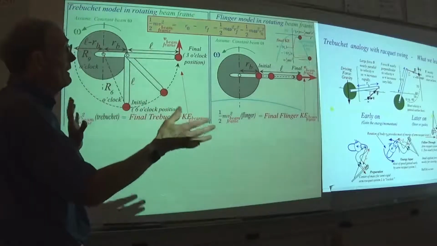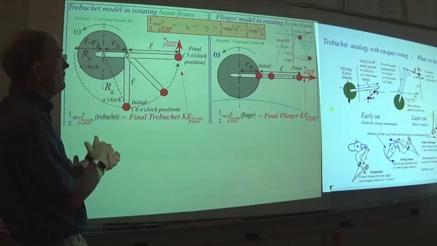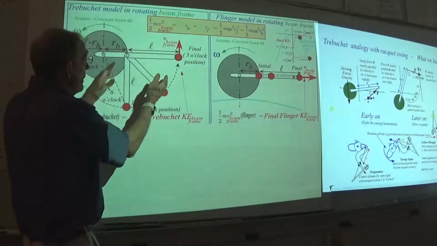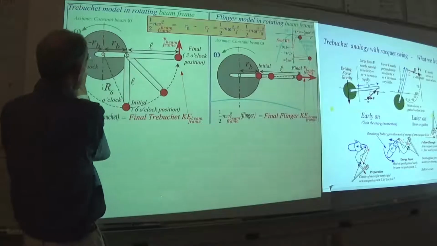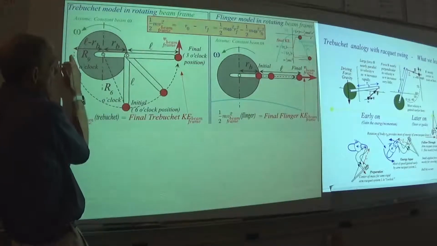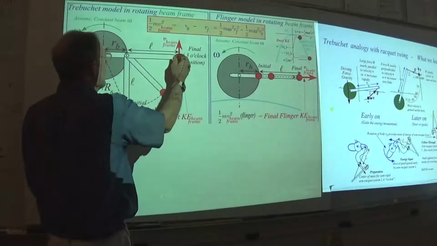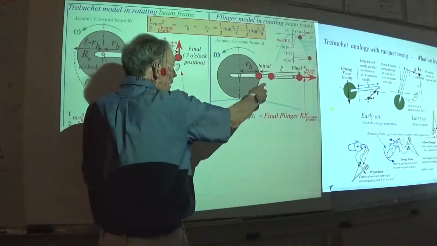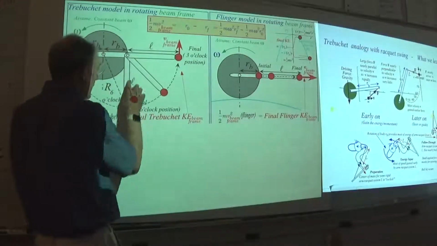This is the UP1 elementary physics approach to figuring out how well the trebuchet does, which can start here at 9 o'clock, go through 6 o'clock, and come out here. But it can also start right here, so it's more like this one, which starts here at 6 o'clock.